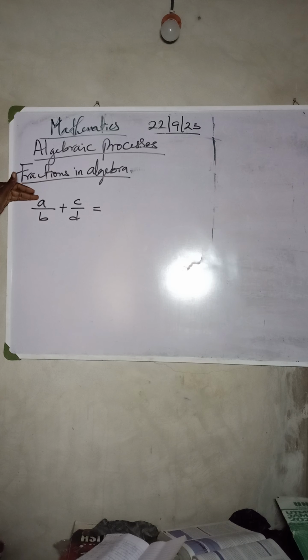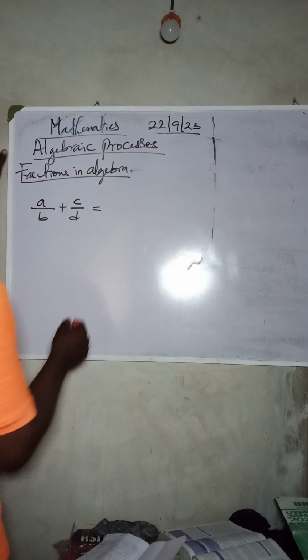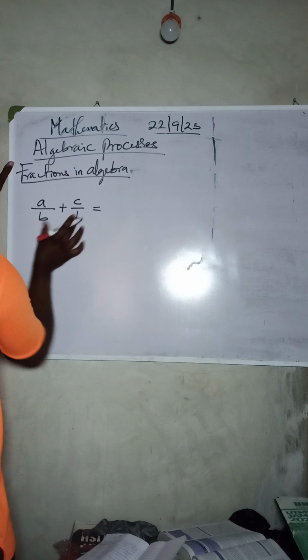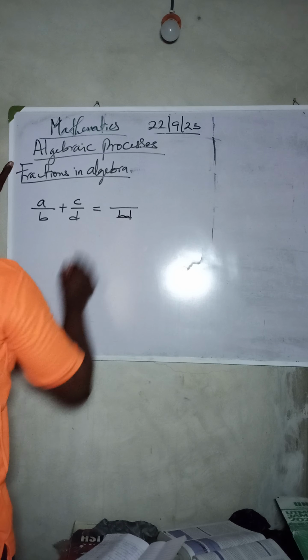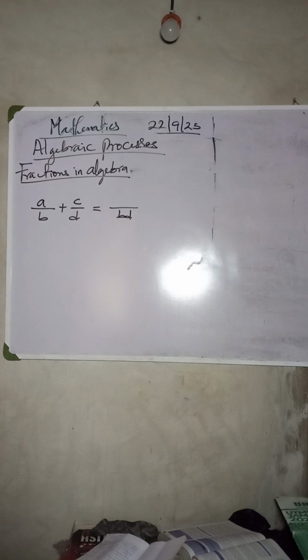This one here is known as the numerator, and the one below is known as the denominator. So we get the LCM of the denominators. What is the LCM here? The LCM of the denominators is BD, the product of the denominators.